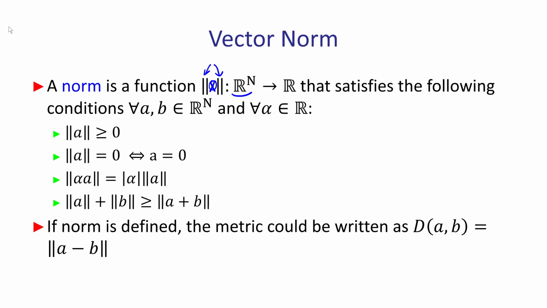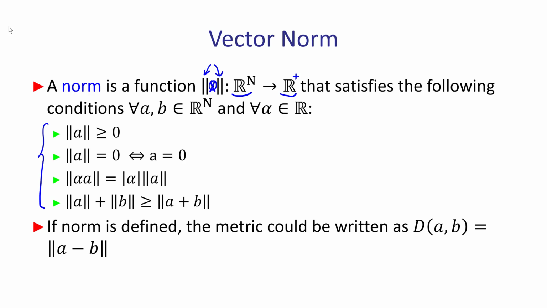So you're taking some vector x, or a or b or whatever vector is, and map it into real numbers. Now, those real numbers also will be positive or zero. And it should satisfy the following conditions. The first condition, second condition, third condition, and fourth condition.